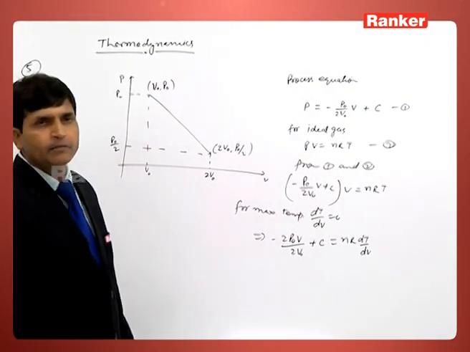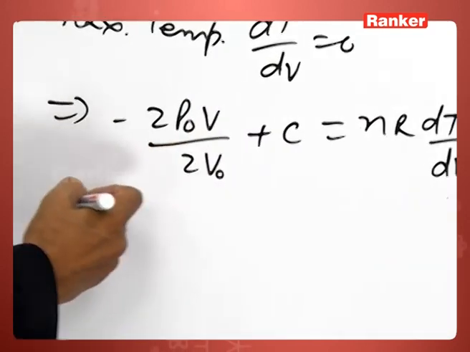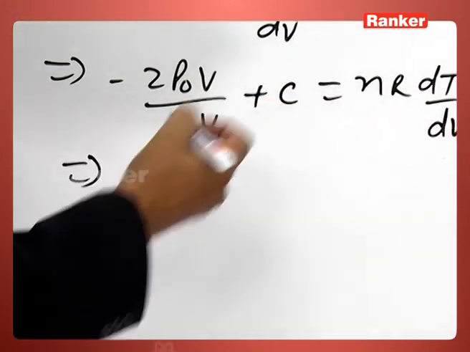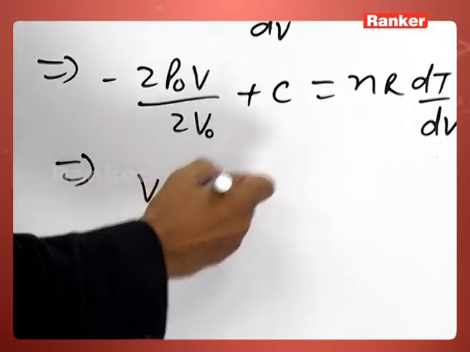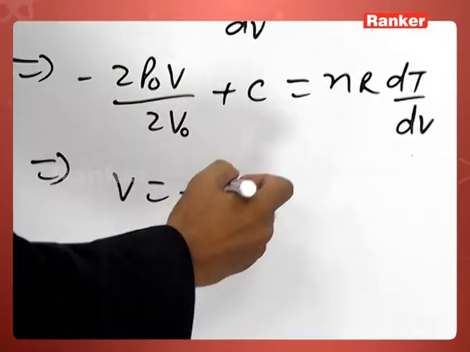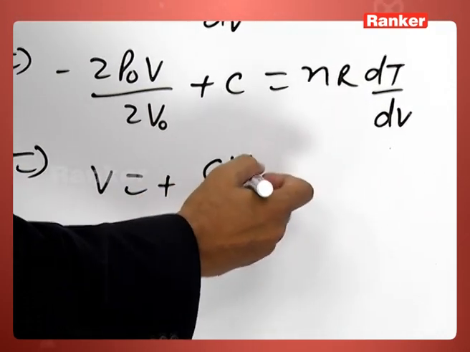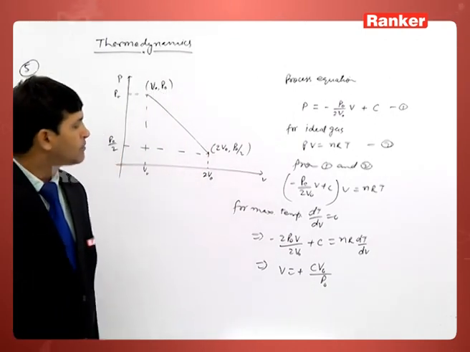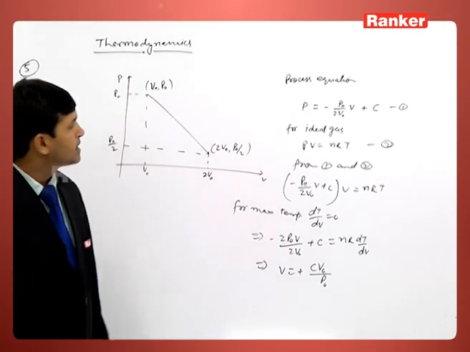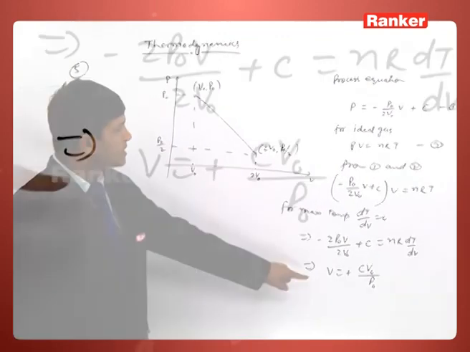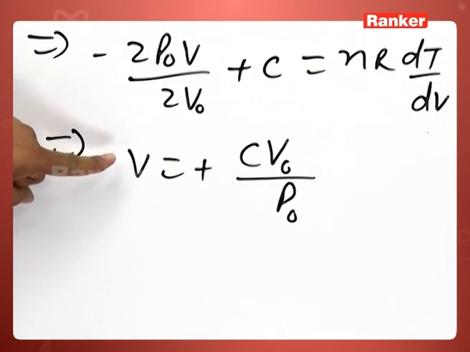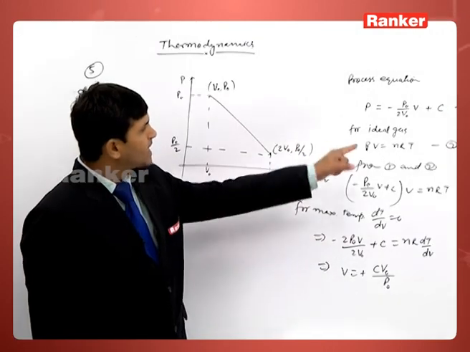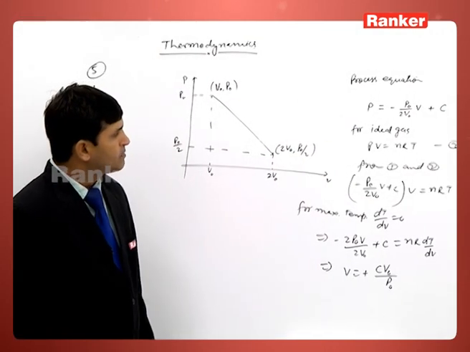So this value we are putting as 0. That gives us dT by dV is 0, so V is equal to minus C plus CV0 by P0. This is the volume at which we are getting the maximum temperature. Just substitute the value of this V in any of the expressions, we can get the maximum temperature.